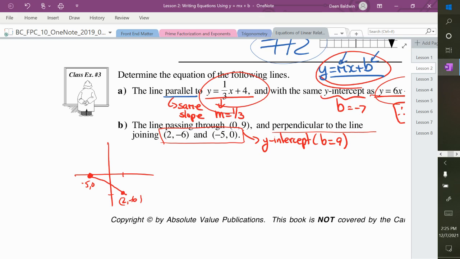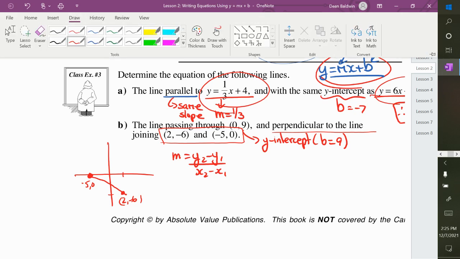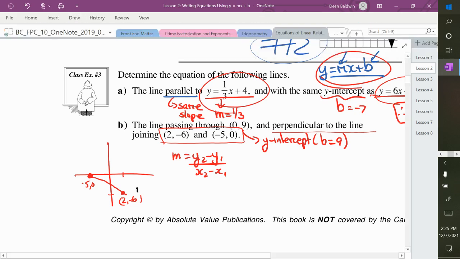But we have two points. What's the slope equation for two points? I will give you all these equations, but does anybody remember it? y2 minus y1 over x2 minus x1. Does it matter what you call set 1, set 2? No, it does not. So I'll just call this set 1, this set 2.